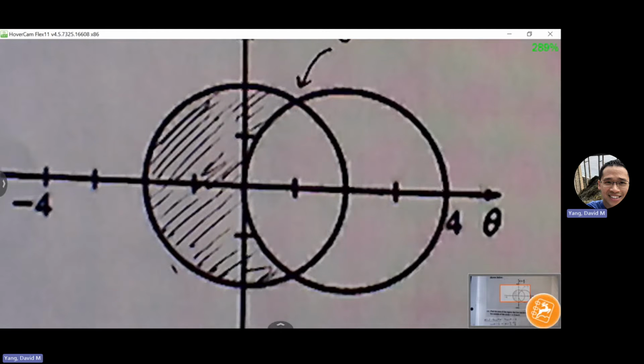This is not part of the area that we want. So we have to be able to subtract out a portion that is getting covered here. We've got to subtract out this piece. So this minus this will get us that shaded region.